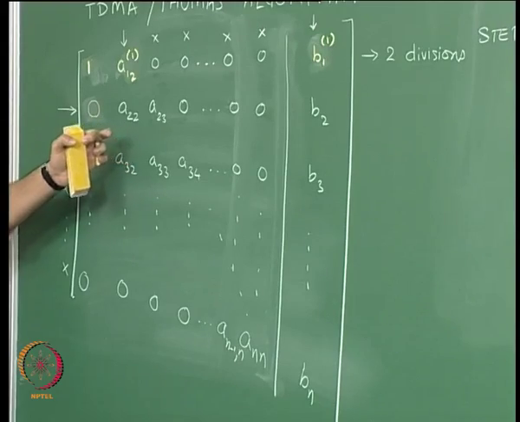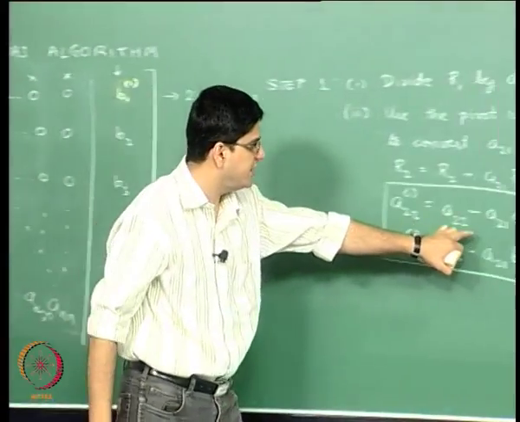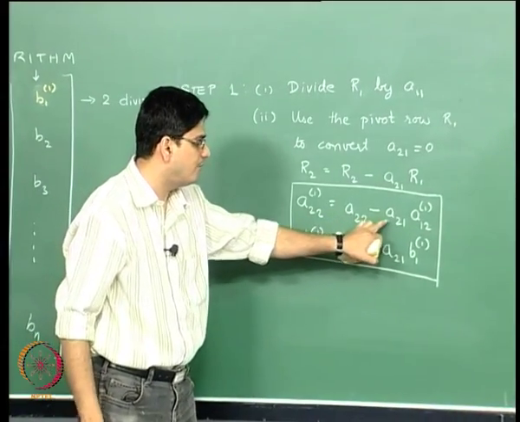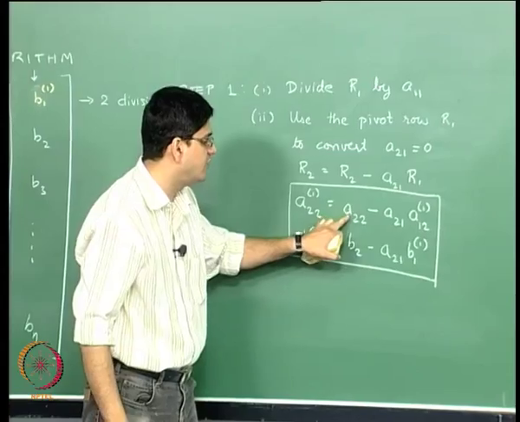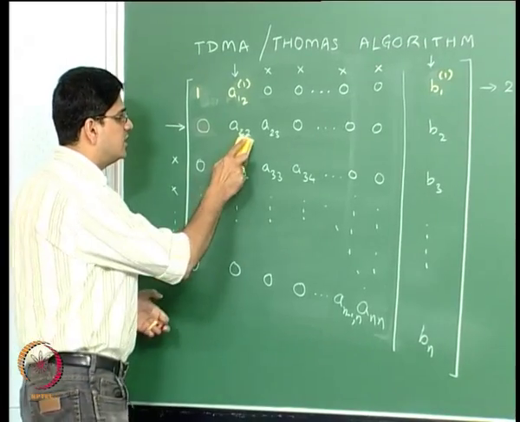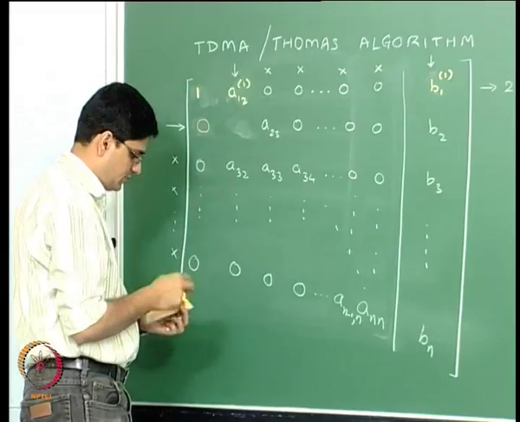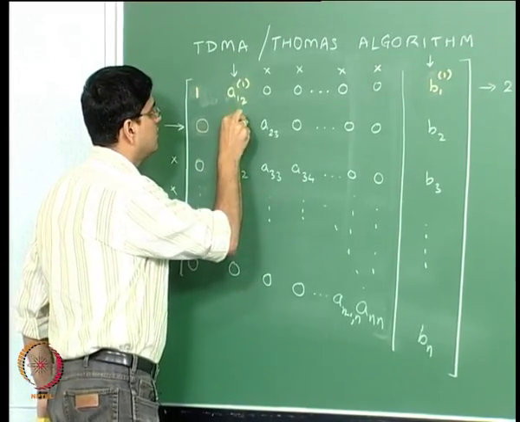A22 is going to be equal to, as we had seen earlier, if we look at this equation, A22 minus this particular product. So, there is one multiplication and one addition subtraction step. So, that is going to convert A22 into A221. Okay.